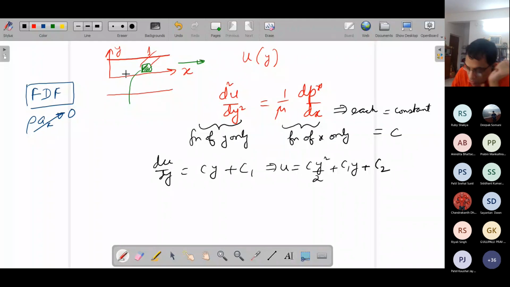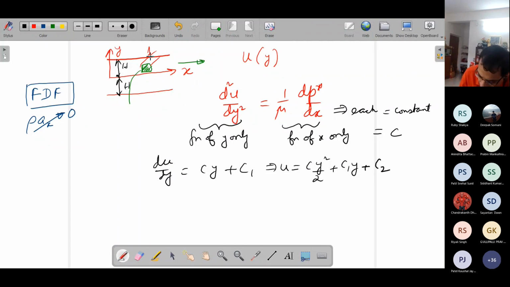Because of the symmetry of the problem, you have to understand this carefully. The geometric symmetry is obvious. Say this is half of the channel height h, and this is the other half of the channel height. So with respect to the center line, this is symmetric. But for having a complete symmetry, we have to ensure not only the symmetry in geometry but also symmetry in boundary condition.